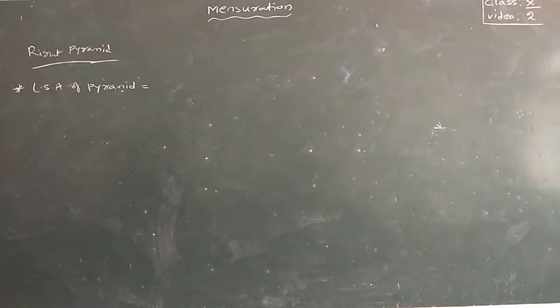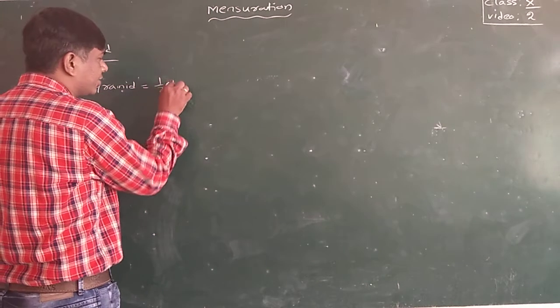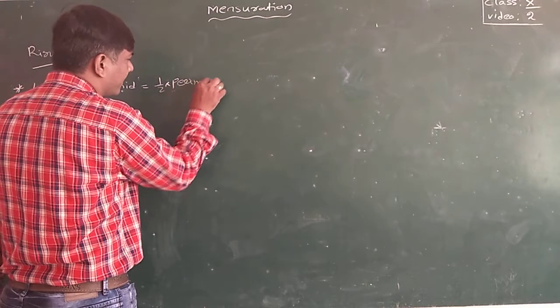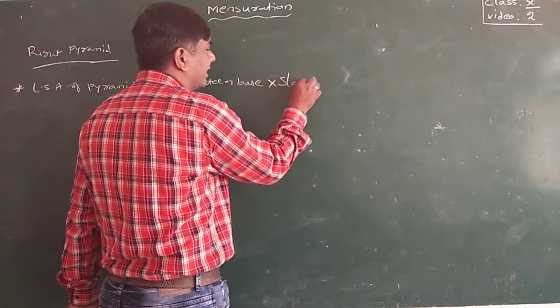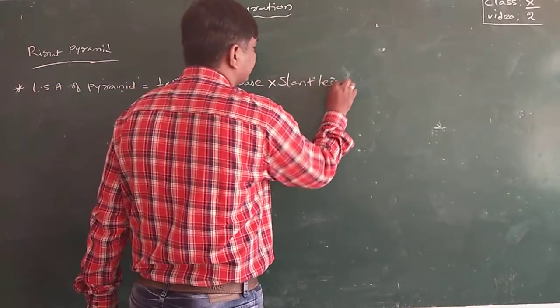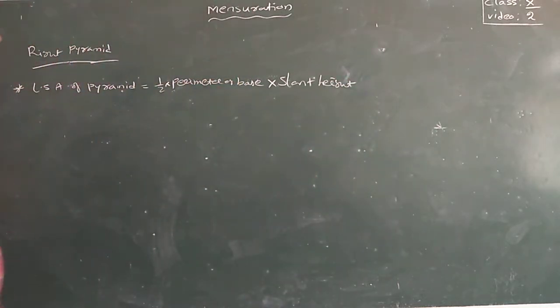Because one and only one base will be there. So one-half into perimeter of base into slant height.